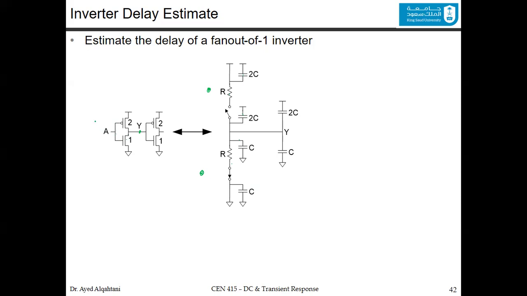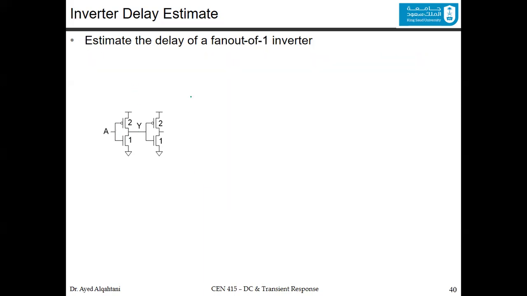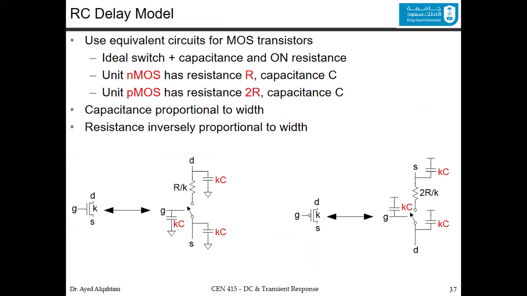Only the initial inputs, the first inputs, which is A here, matter. This is why I don't put it here and there. What do I mean by there's supposed to be a resistance here? Remember the model that we discussed, that any NMOS transistor is replaced by 3 capacitances and 1 resistance.